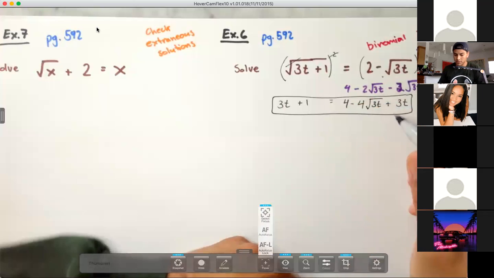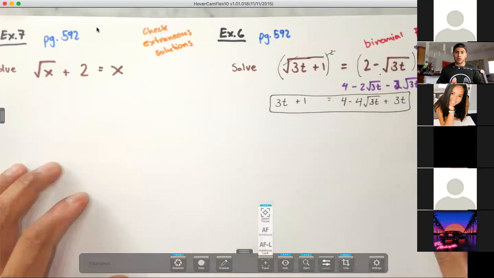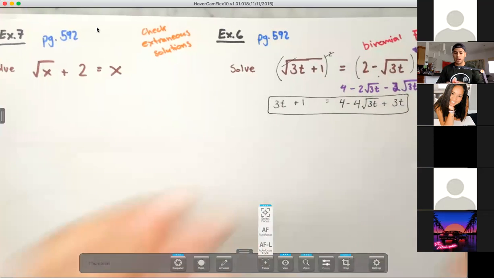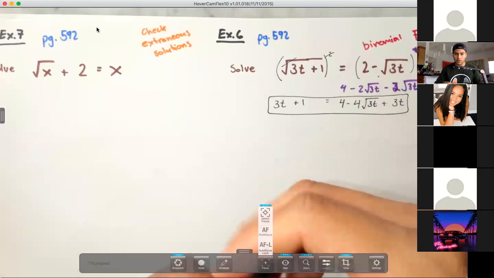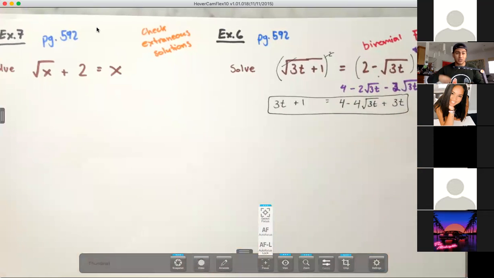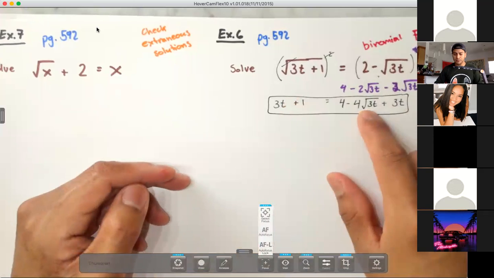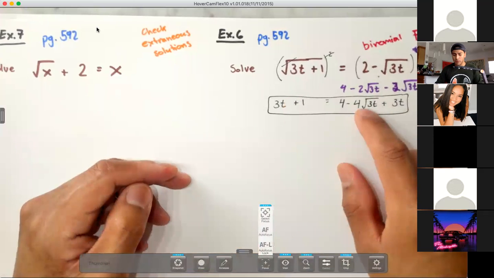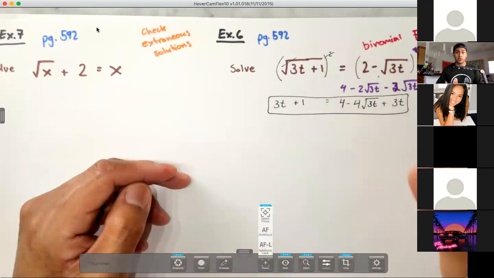Now, we're not done. And this is why I wanted to do this problem, because at least in the Khan Academy, there were no questions where you had to keep on raising a power. Here we have another radical that we're going to need to get rid of.